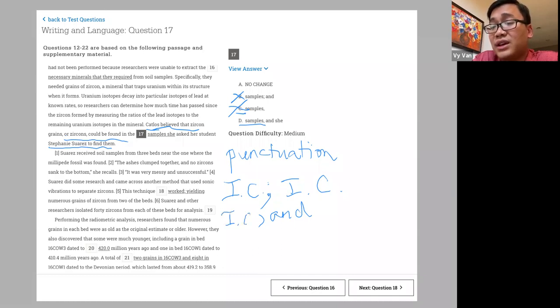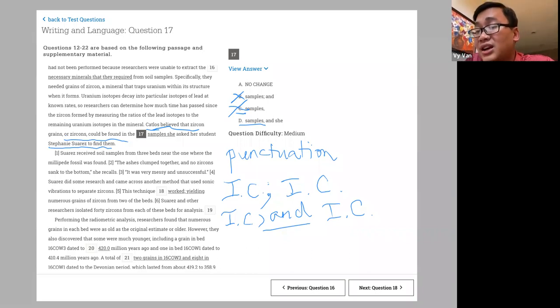The use of a comma and FANBOYS is exactly the same as a period or semicolon. So let's see if this is right. Samples, and she asked her students. So those two are actually two independent clauses. So you have to separate them using a semicolon, comma and FANBOYS, or period.